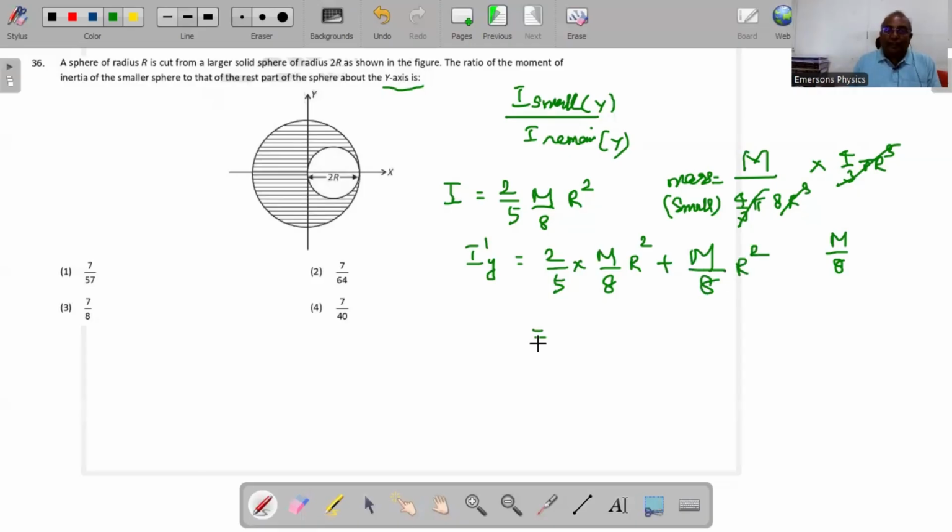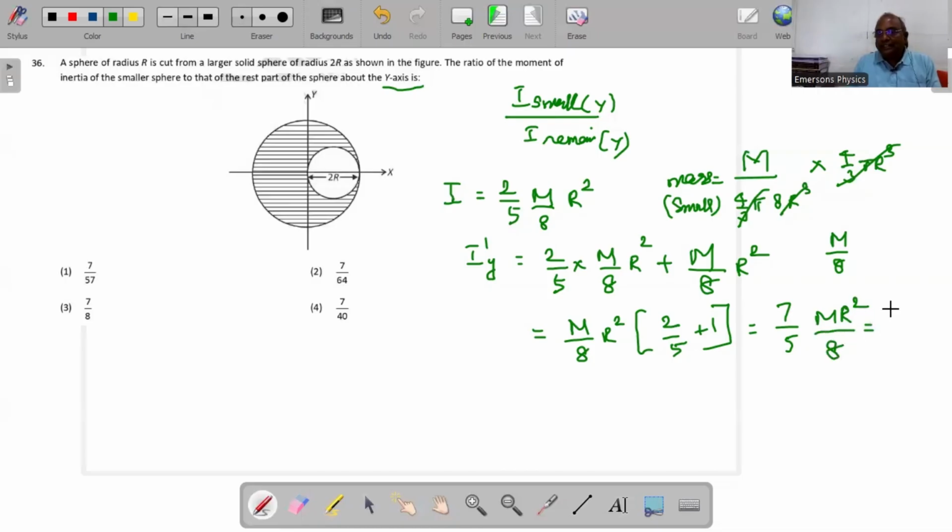If we calculate this, m/8 r² can be taken out common. Here 2/5 is there, so taking m/8 × r² common, we get 2/5 plus 1, which becomes 7/5 × mr²/8.